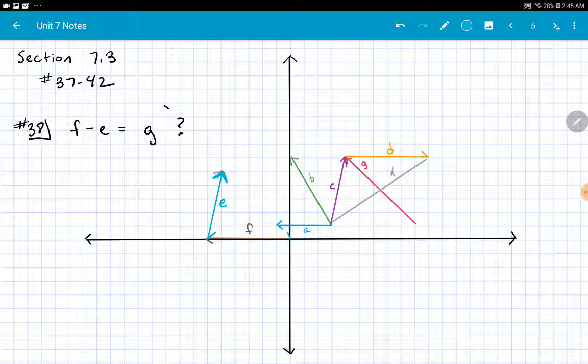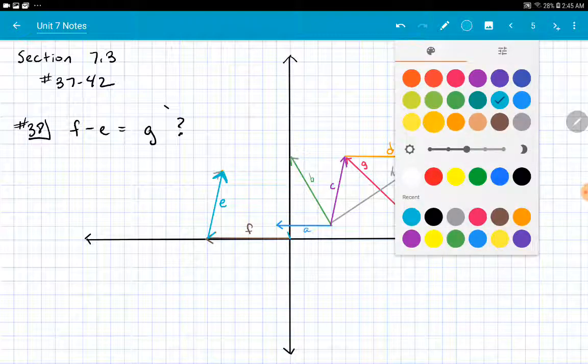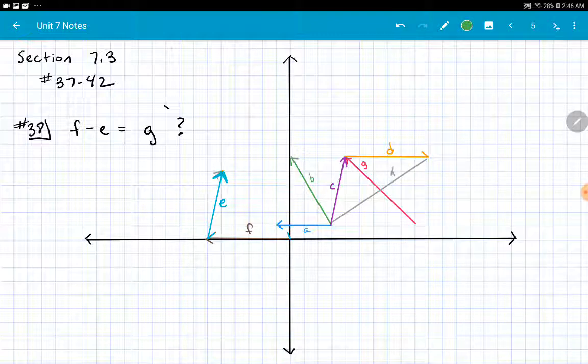So my result vector would be from the origin to the end of E, and that is at 1, 2, 3, 4, 5, -5, and 1, 2, 3, 4, 5, -5 again.